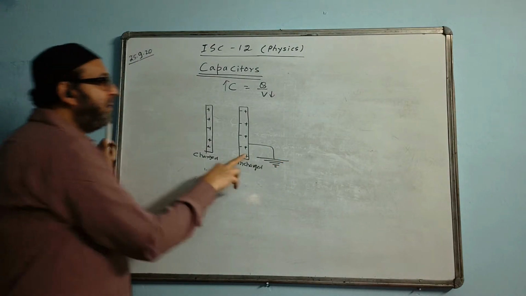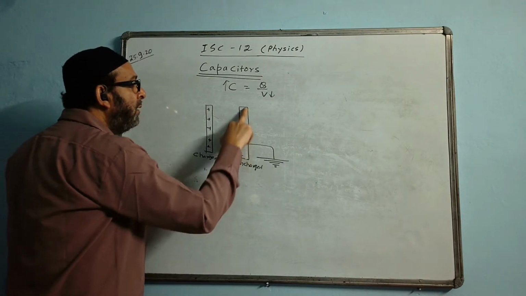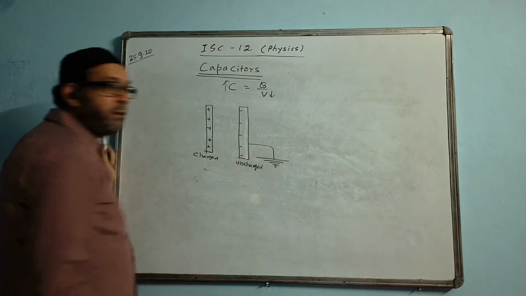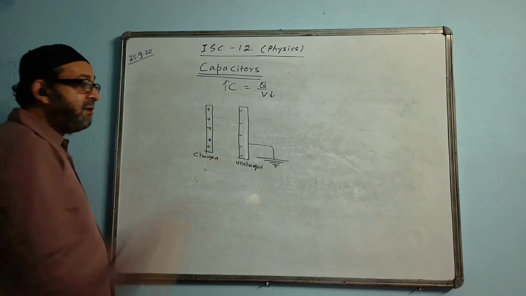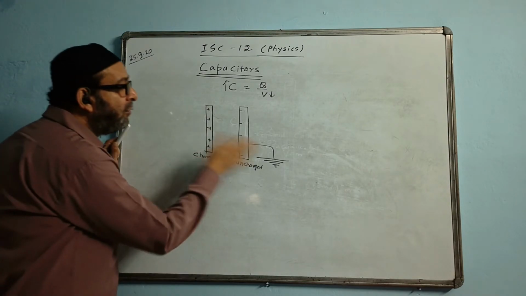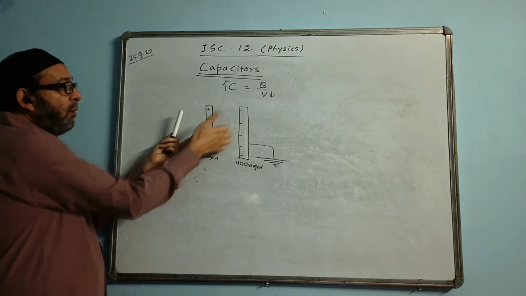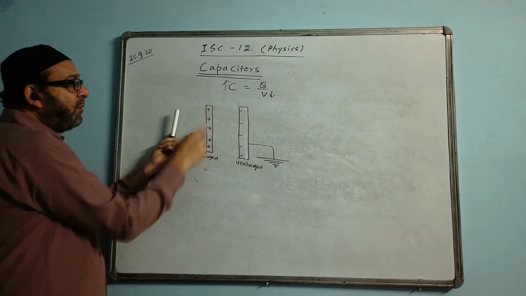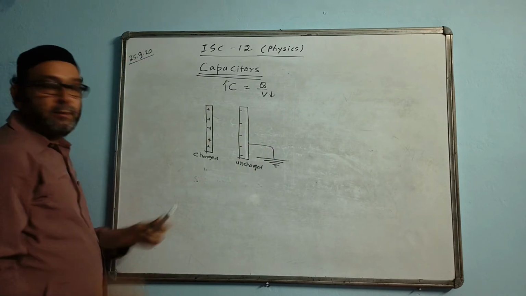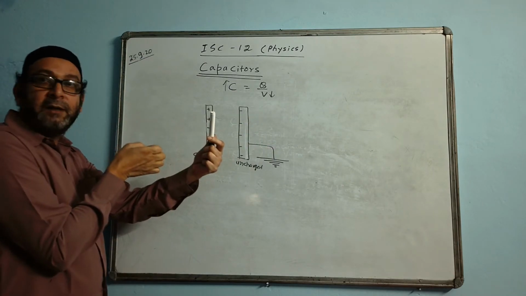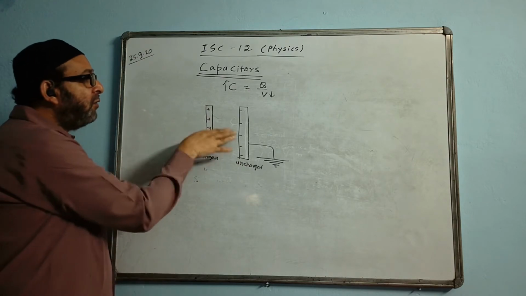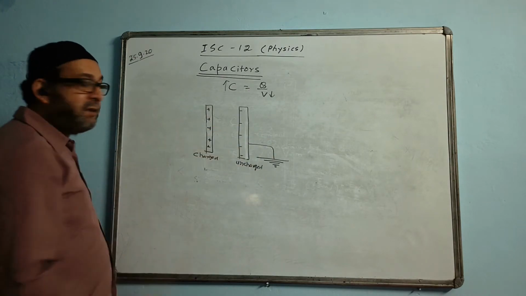What is the use of earthing? This positive charge will go to the earth. Only negative will stay here. Why can't this negative go to the earth? The reason is that this negative is attracted by this. They are bound charges. They are attracted by the positive. The positive will not allow them to go there. The positive is attracting them and keeping them tightly bound, and will not allow them to go to the earth. So the negative charge will stay.